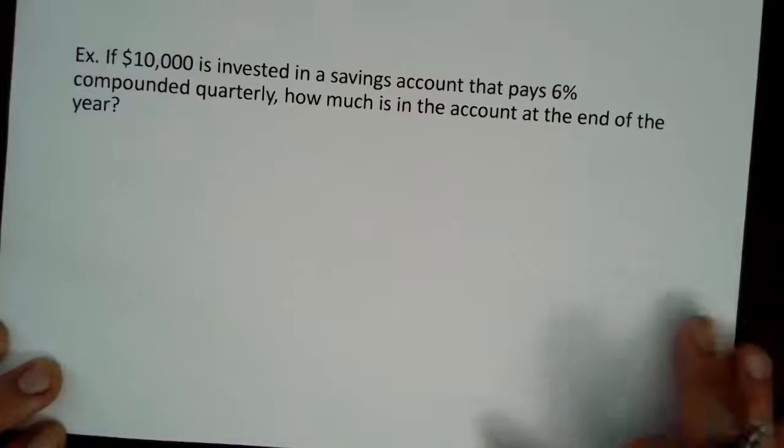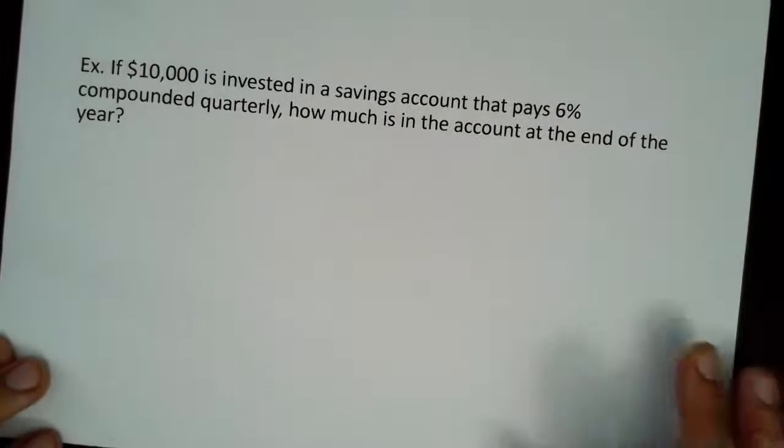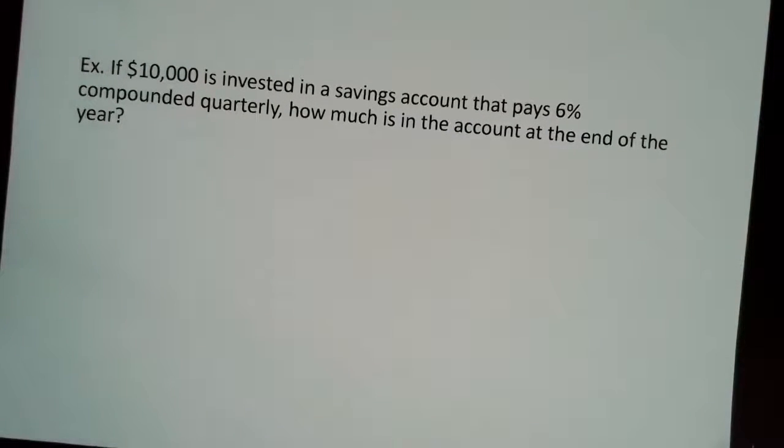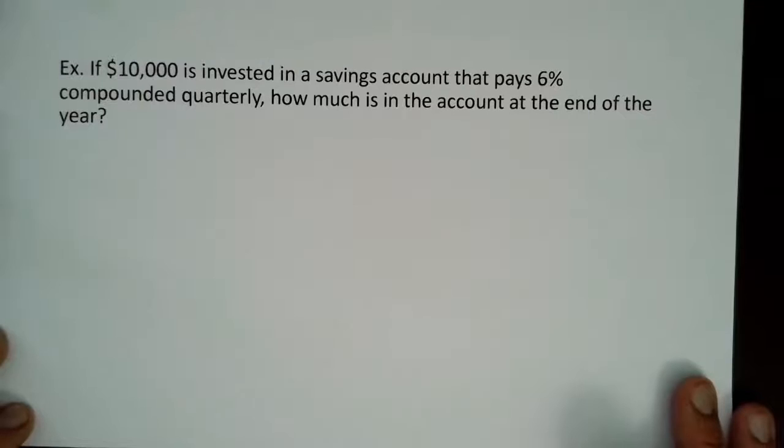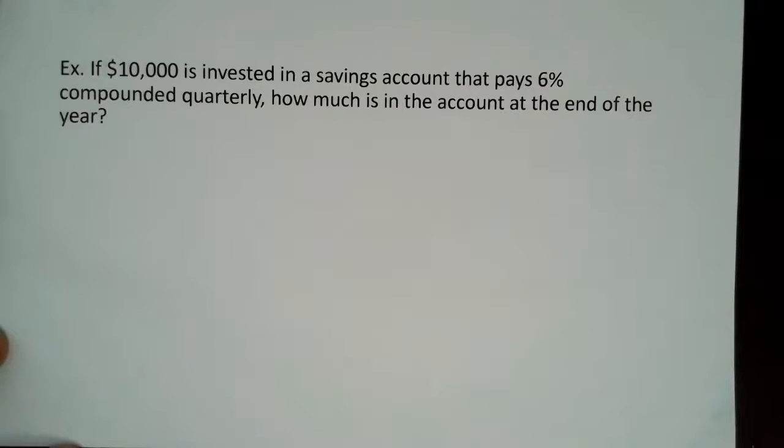Now, if $10,000 is invested in a savings account that pays 6% compounded quarterly, how much is in the account at the end of a year? Let's introduce a new formula for compound interest.